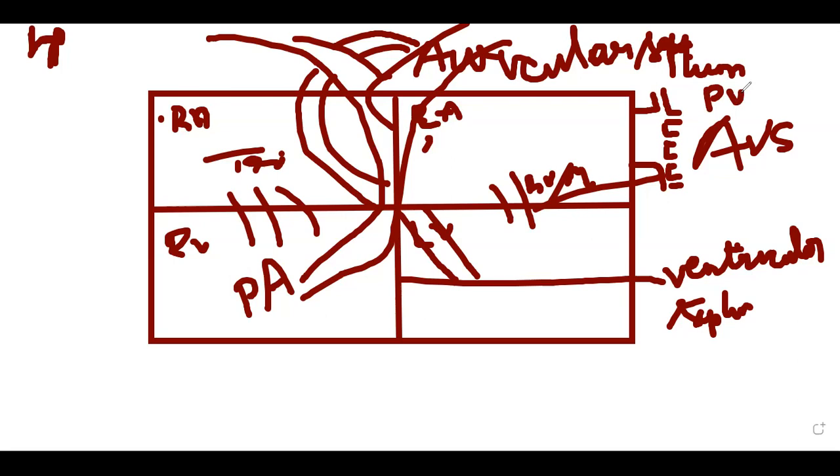Pulmonary veins are the only veins present in the body which receive the oxygenated blood coming from the lungs, which is drained into the left auricle. So the only artery which transports the deoxygenated blood is the pulmonary artery, and pulmonary veins are the only veins which transfer the oxygenated blood from lungs to the left auricle.